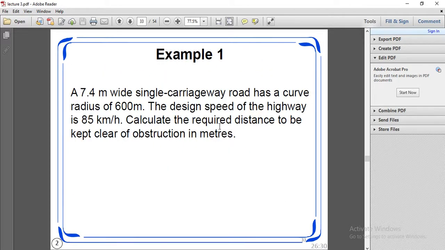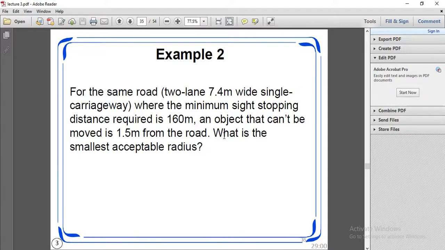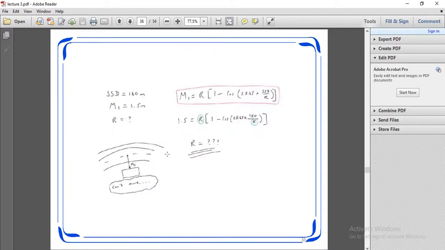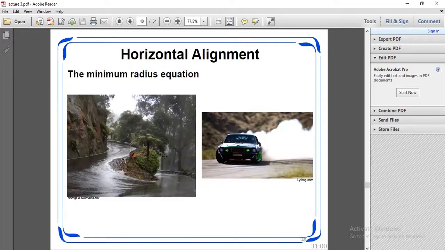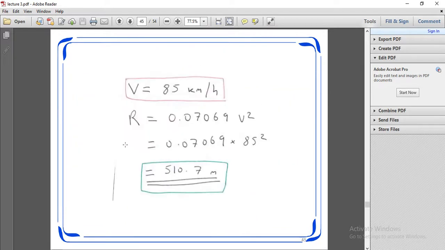Calculate the required distance, what is the smallest acceptable radius, minimum radius.